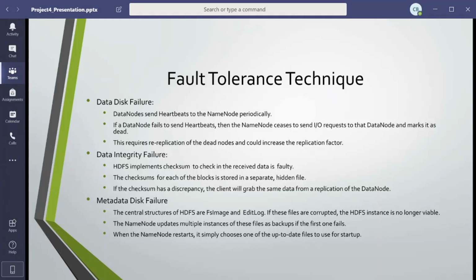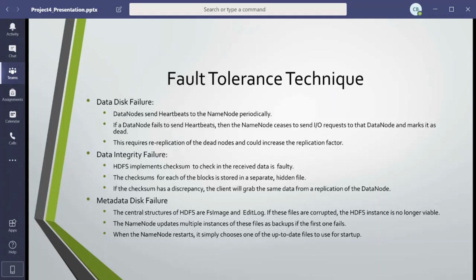If one dies, then using the other copy, the name node creates a second copy. So there will always be at least two copies of each data node in the entire lifespan of the file system. So when a data node stops sending heartbeats, the name node creates another data node and sometimes just increases the replication factor, but it's safer that way.